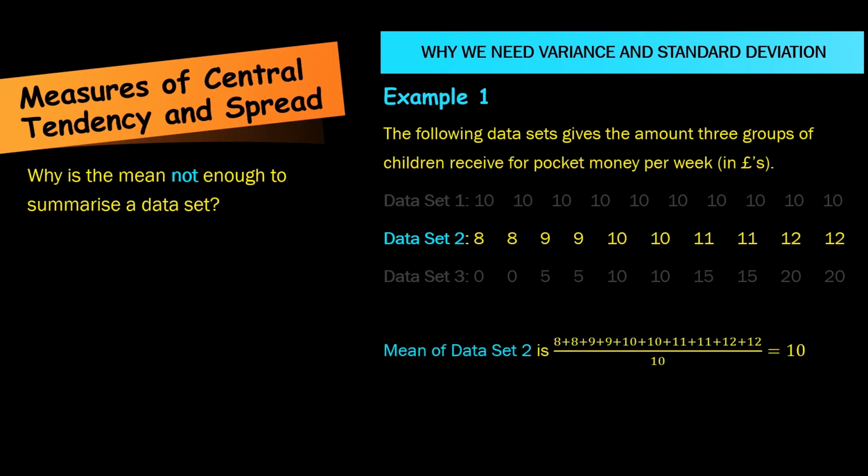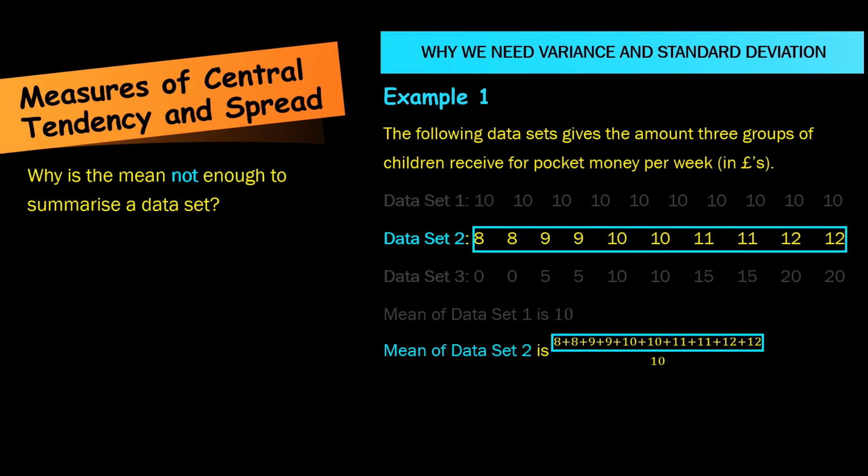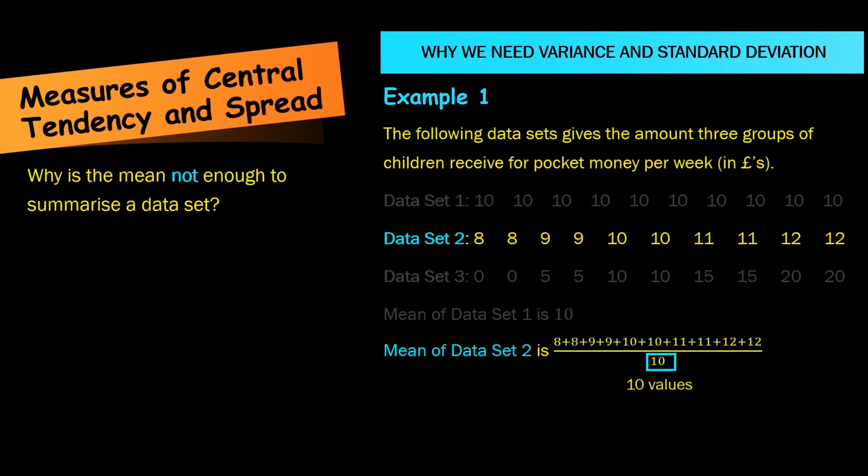Again, to find the mean of dataset 2, we add up all the values as shown and then divide by the number of values, which is 10. The mean of dataset 2 is also 10.